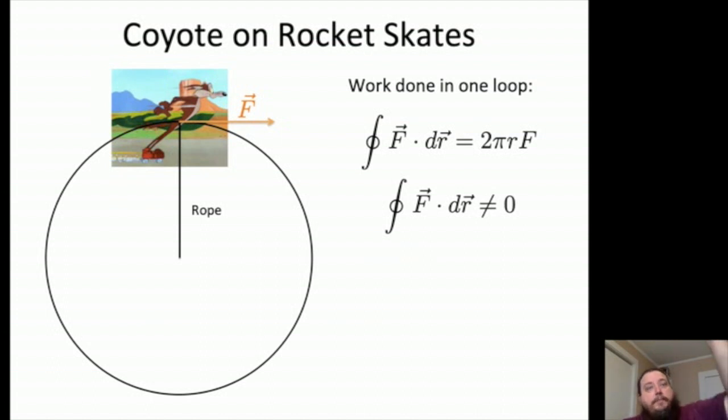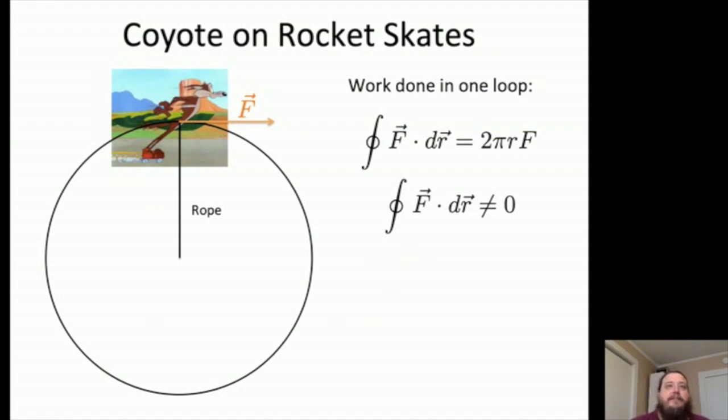Similarly, if you're moving up in a gravitational field, then gravity is pulling energy out of your system. And if you're moving down in a gravitational field, then gravity is adding energy to the system. So if you went around in a loop under the influence of gravity, then also you will have no energy added or subtracted from your system.